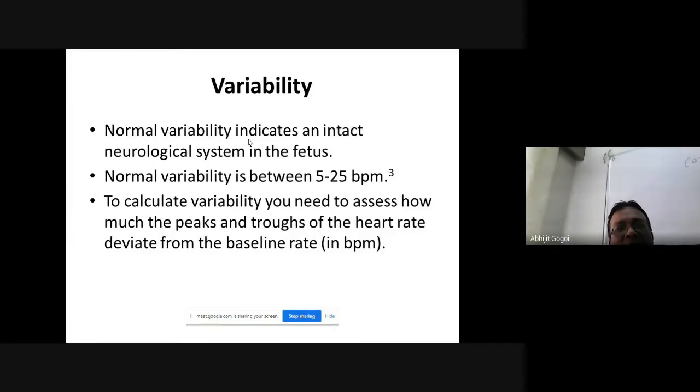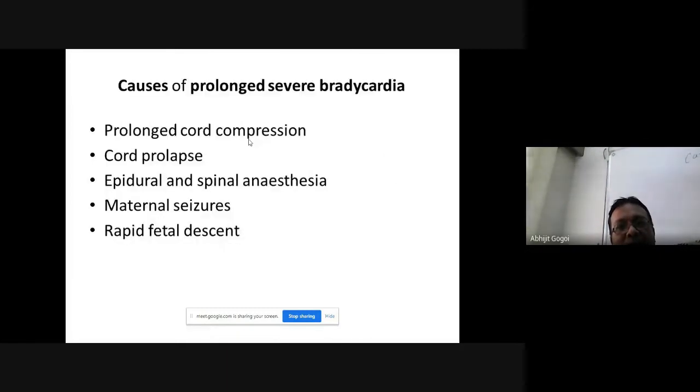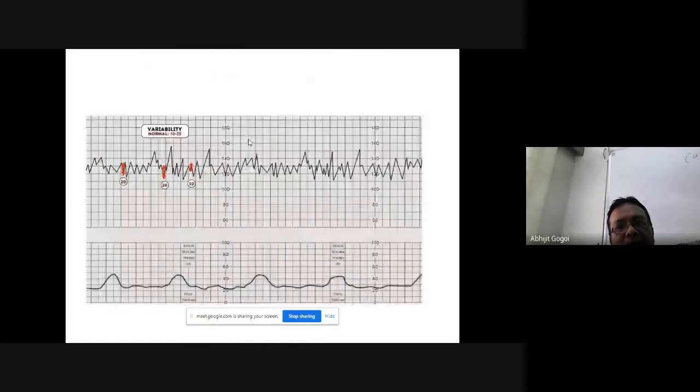So that's why you should understand what the peak is and what the trough is. This is the peak, and this is the trough. Now let's take this wave. This is 150, and the trough is at 120.